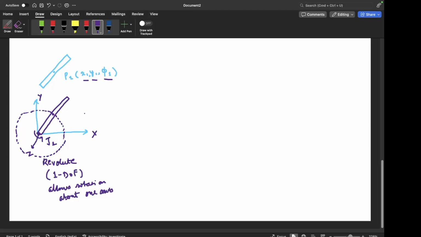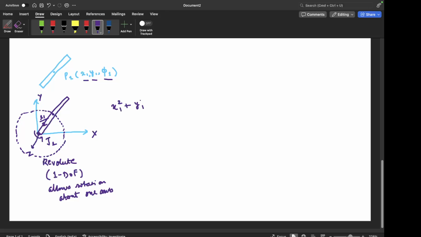So what we can write mathematically, the same thing which I just described, let's say the center of mass is at a length L1 by 2. So then this location of the center of mass should satisfy the equation of a circle, right?